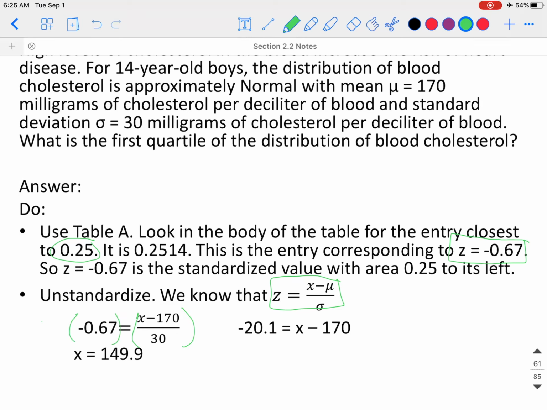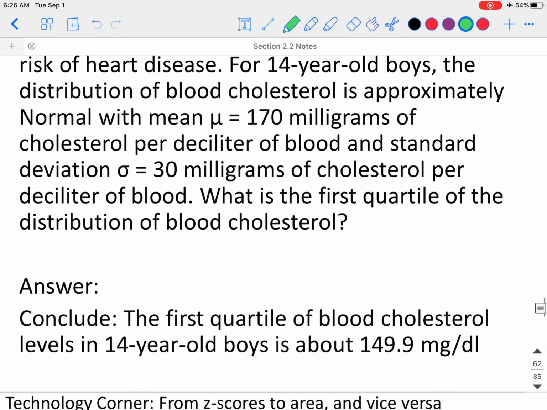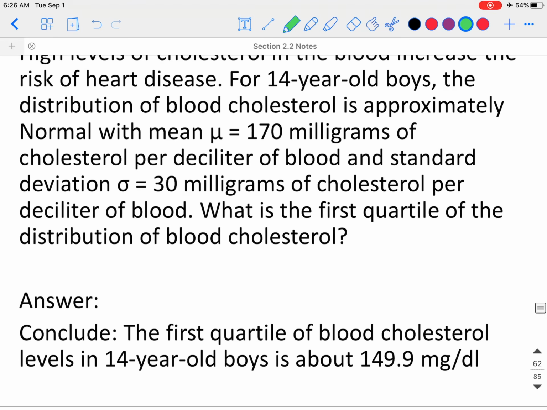So the first thing you would need to do is multiply both sides by that 30 to get it out of the denominator. 30 times -0.67 is going to give us -20.1, but we're still left with x minus 170 on the other side. So to get the x by itself, we are going to add 170 to both sides, and we will get x is equal to 149.9. So our conclusion would be that the first quartile of blood cholesterol level in a 14-year-old boy is about 149.9 milligrams per deciliter.